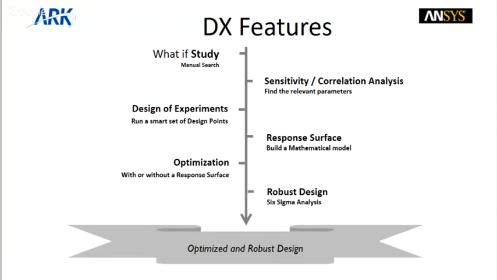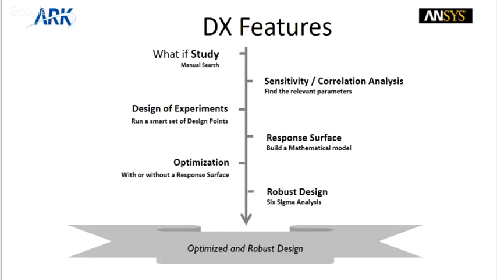The fourth step is response surface, where you build a mathematical model. You don't have to build it; the software will do it by itself. It will do some curve fitting. I guess all are aware of what curve fitting is. So the response surface verifies your model with the mathematical model.